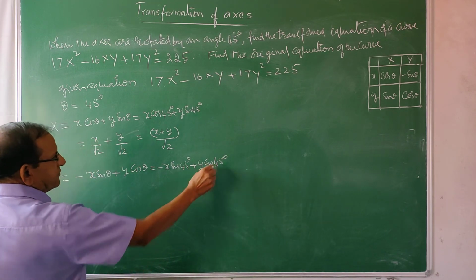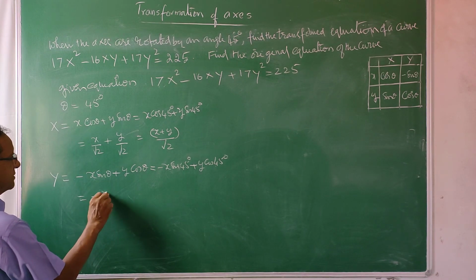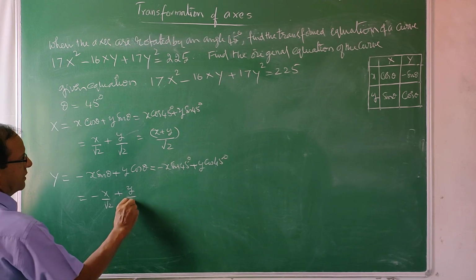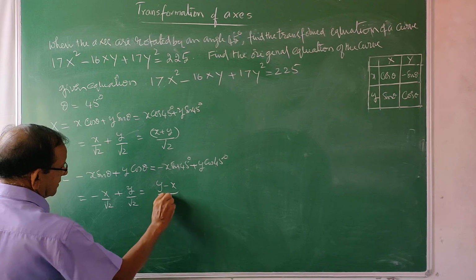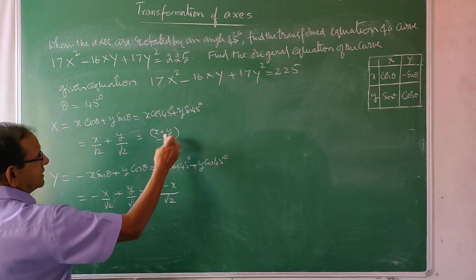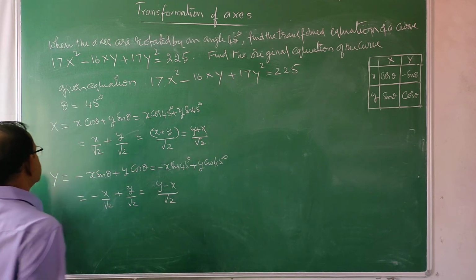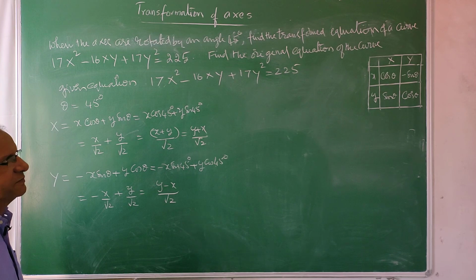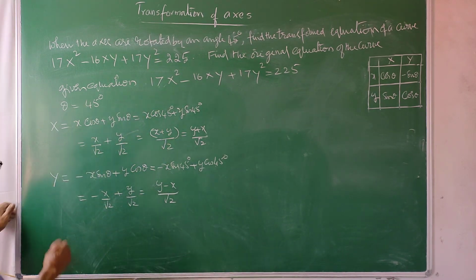You know that sin 45 and cos 45 both are equal to 1 by root 2, that is minus x by root 2 plus y by root 2 equal to y minus x by root 2. So let us convert this as y plus x by root 2 in this one. So big X value is y plus x by root 2 and big Y value is y minus x by root 2. Now substitute these values in the given equation.